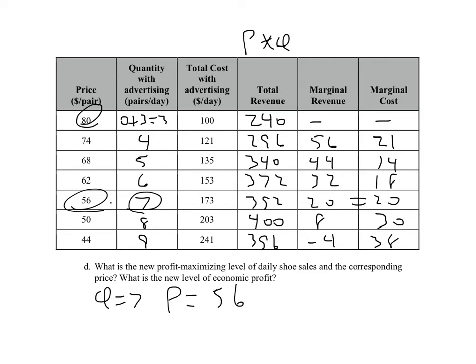To sell 7 units, charge $56 per unit. And so revenue is 392, cost is 173, and that gives us a profit of $219.